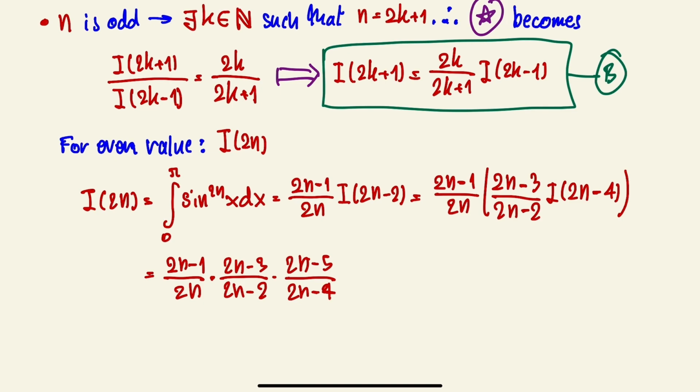This term is decreasing, right? The numerators are odd numbers and the denominators are even, going down to 5 over 6, 3 over 4, and 1 over 2.